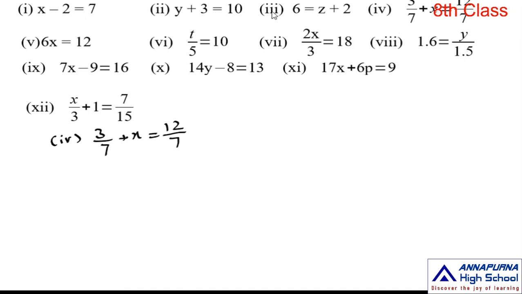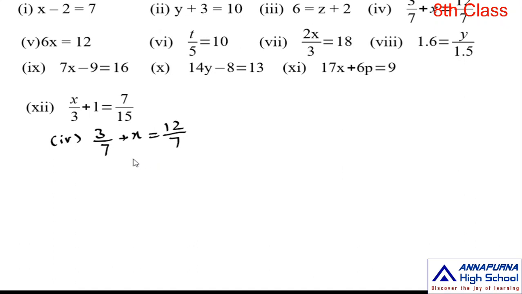In the first three equations, except the variable terms, all constant terms are integers. But in this equation, except the variable term, the remaining two terms are rational numbers. They are in p by q form.